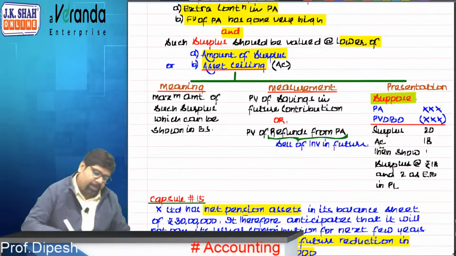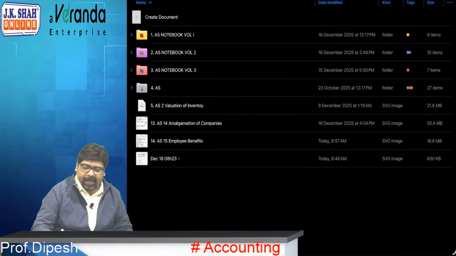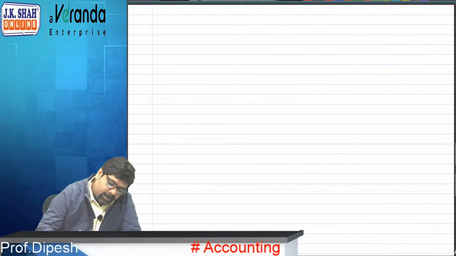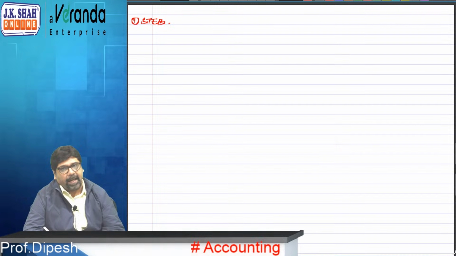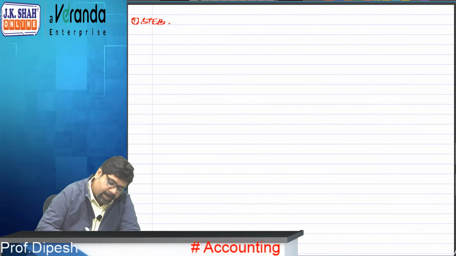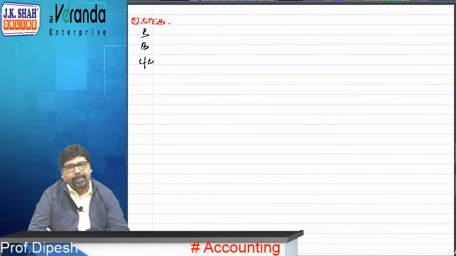So what you are supposed to learn in this entire drama? First chartered, you learned short-term employee benefits. Correct? Then in short-term employee benefits you learn salary, bonus, leave compensation.